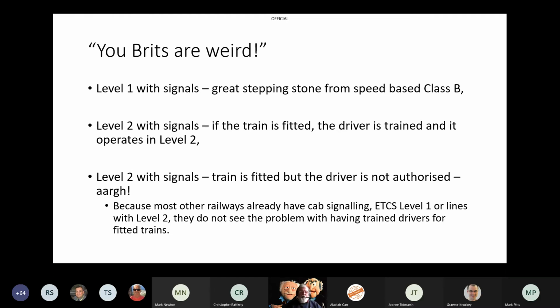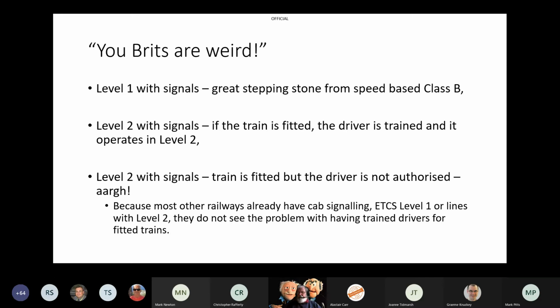Because they are so used to having ETCS or cab signaling systems, they don't see any problem with having trained drivers for all of the fitted trains.